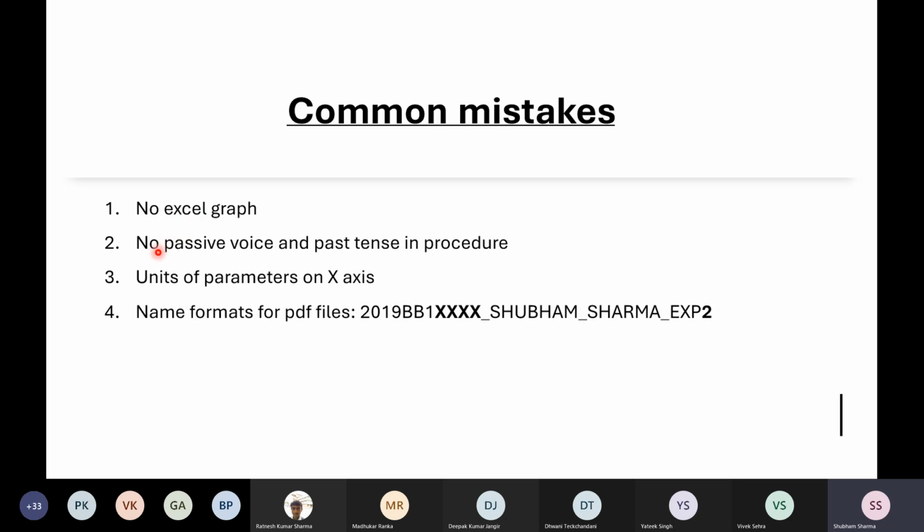The next mistake was some of you did not write your procedures in passive voice and past tense, as was made very clear from the first experiment itself. So please write your experiment's procedure in passive voice and past tense. Next, you have to write units of your parameters on the x-axis.